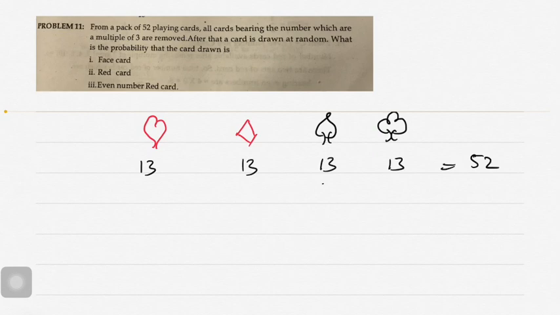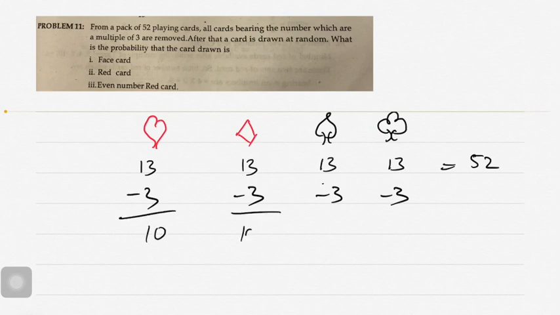These are the number cards in a pack of playing cards. So multiples of 3 are removed: 3, 6 and 9. Right? So 3 cards you are removing from each sign. So minus 3, minus 3, minus 3, minus 3. You are removing. So only 10 is left.